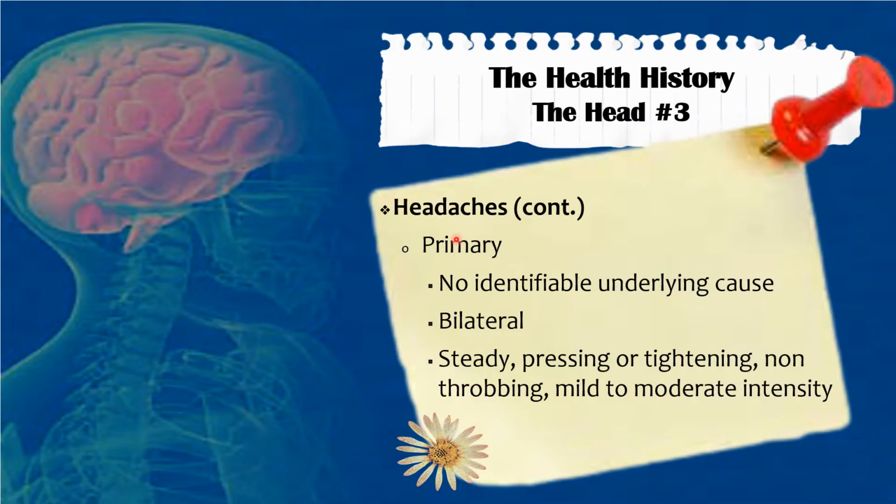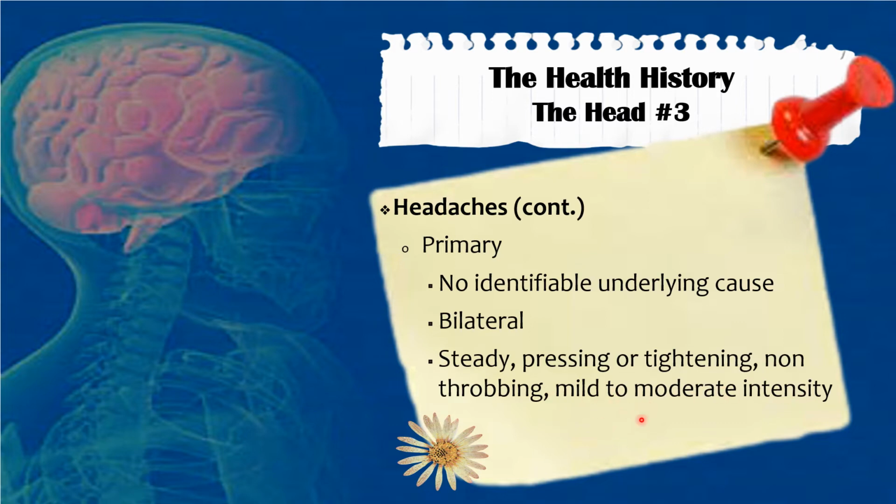To continue with the headaches, there are also what we call primary and secondary headache. The primary headache has no identifiable underlying cause, and usually the pain is bilateral. It is steady, pressing or tightening. It is non-throbbing.